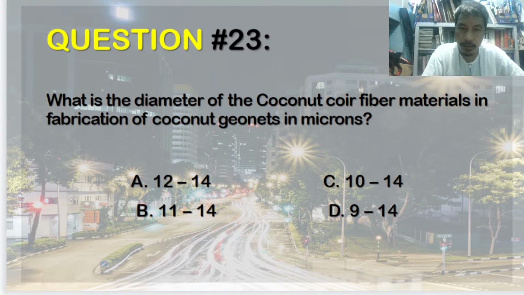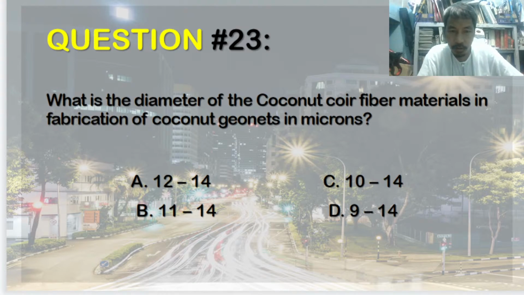So, what is the diameter of the coconut coir fiber materials in fabrication of coconut geonets in microns? A, 12 to 14 microns. By the way, what do we mean by microns? A micron is equal to 10 to the negative 6 meters. That is what we mean by microns.